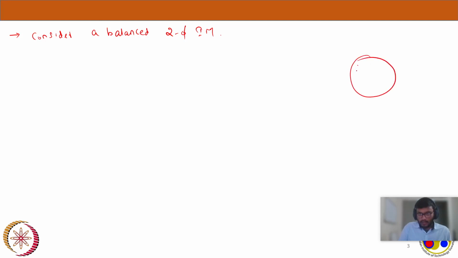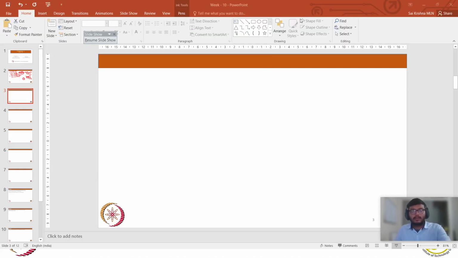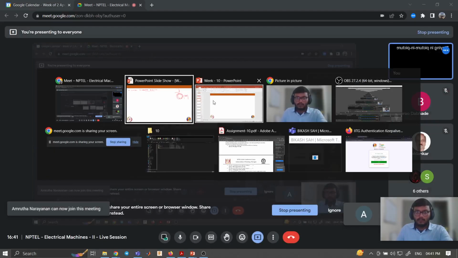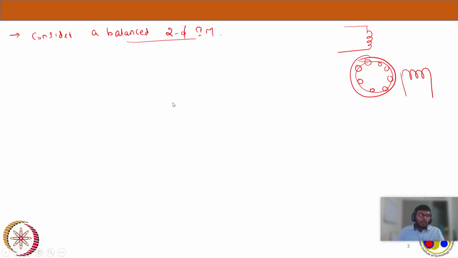Now I'm drawing the two-phase induction machine. Like we say, we have a balanced two-phase machine, so there will be two windings. This one and another winding. Let's say like this. So let's name this winding.